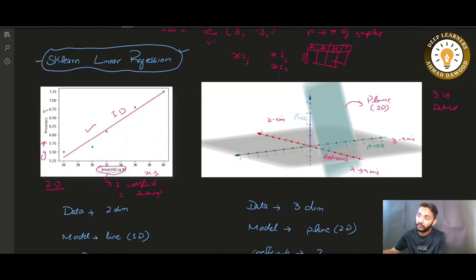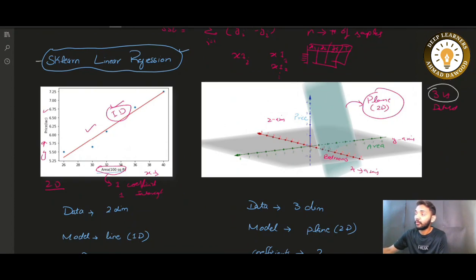When we have a two-dimensional data set, our model is one-dimensional, just a line. When we have a three-dimensional data set, our model is a plane, which is two-dimensional. Why am I telling you this? Because here in this data set we have just three variables.